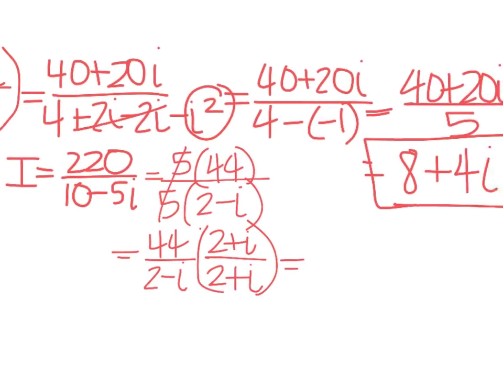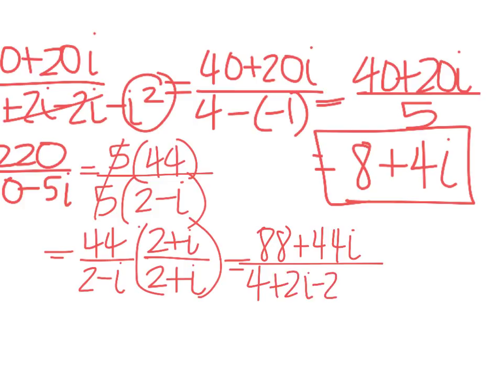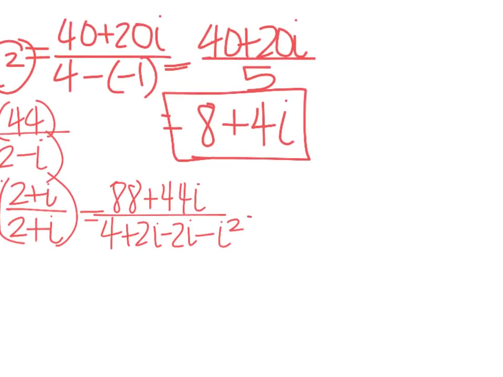Now we've got to distribute the top, so we end up with 88 plus 44i over 4, because 2 times 2 is 4, then we end up with positive 2i minus 2i, and we know those are going to cancel out, minus i squared. So we still leave the top the same as we simplify the bottom.